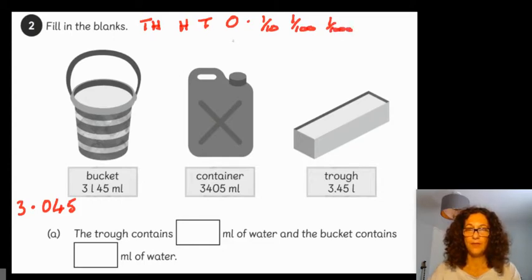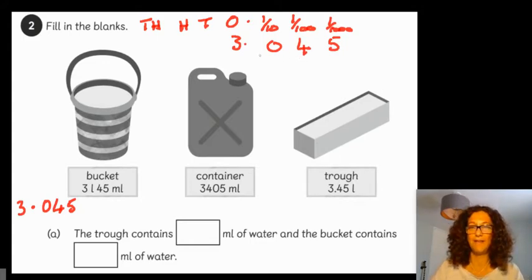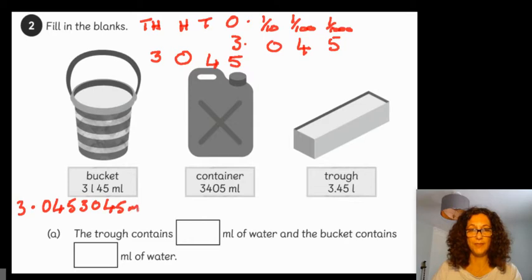So here we have 3.045, and we're multiplying by, hey, you're shouting at me now, 1,000. So we're moving 3 spaces to the left. Let's go. 1, 2, 3. Remember, the digits do not change the order. So 3.045 is the same as 3,045 millilitres.